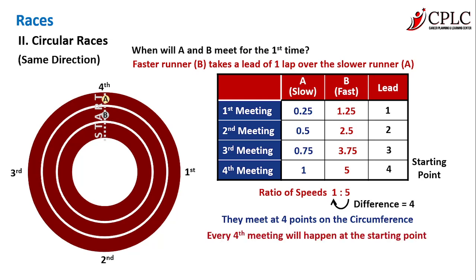Every time, the same story will be repeated: whichever is the last meeting will happen at the starting point. So in this case, it is the fourth meeting that is happening at the starting point. So these are the things that we need to remember about circular races that are in the same direction.